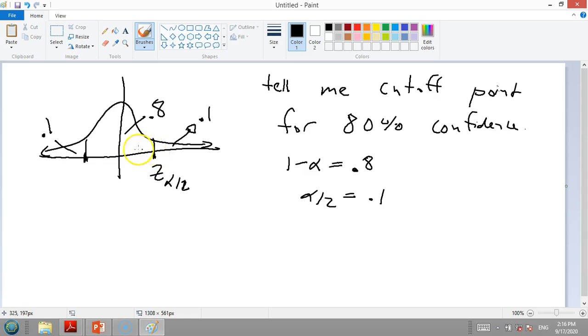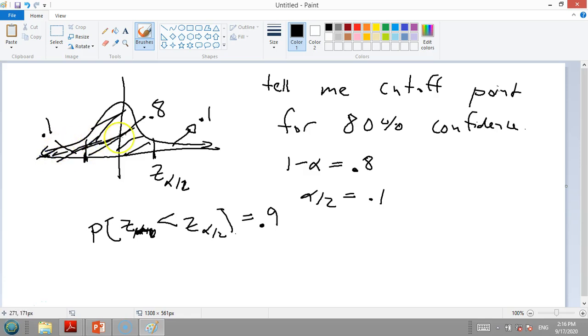And so, what is this? The probability that Z is less than Z alpha over 2, I want this to be what? 0.8 plus 0.1, so it's going to be 0.9. Because 0.9 is the area to the left of this one, the entire one. So I'm just looking for the cutoff point.